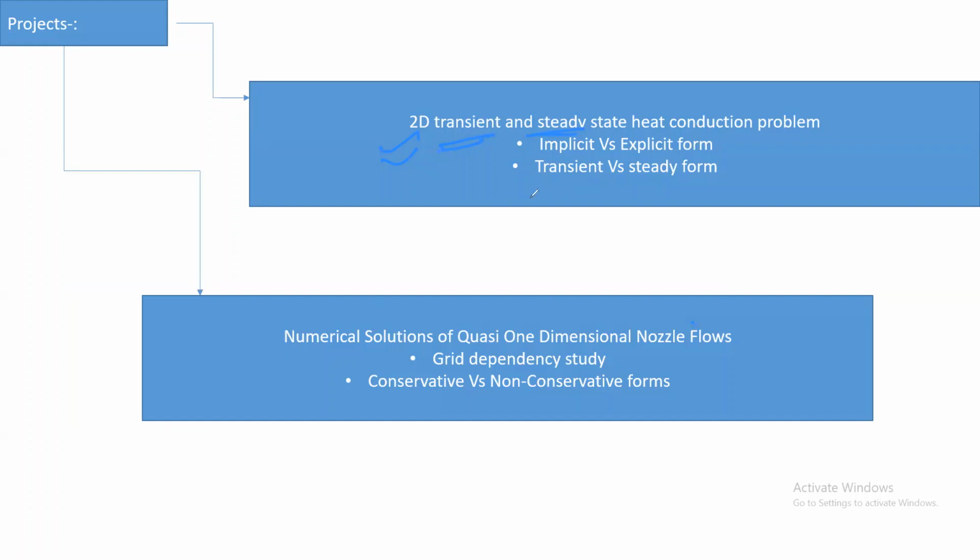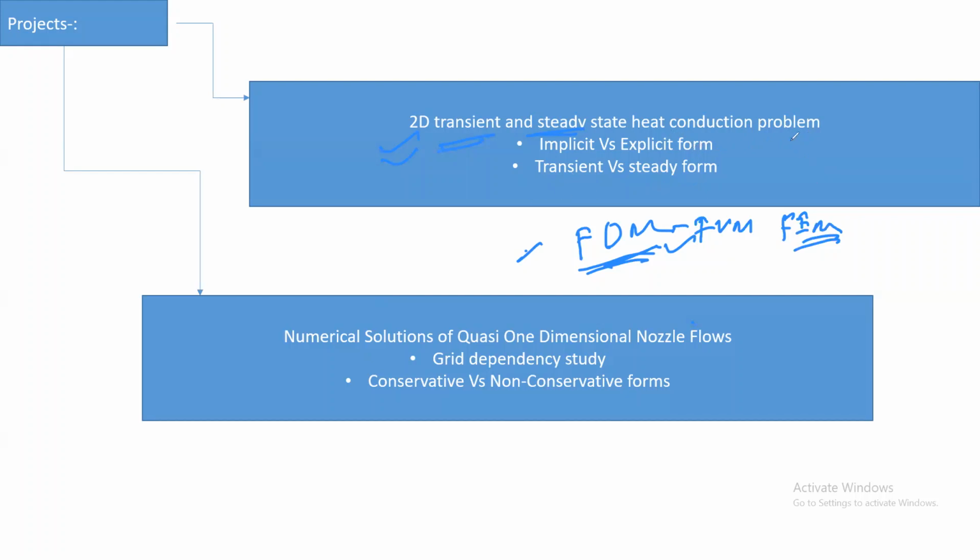Mostly we'll use the finite difference method. I will tell you what the finite difference method is in our upcoming lectures. As I already told you in the course outline, there are some numerical techniques called the finite difference method, finite volume method, and finite element method.